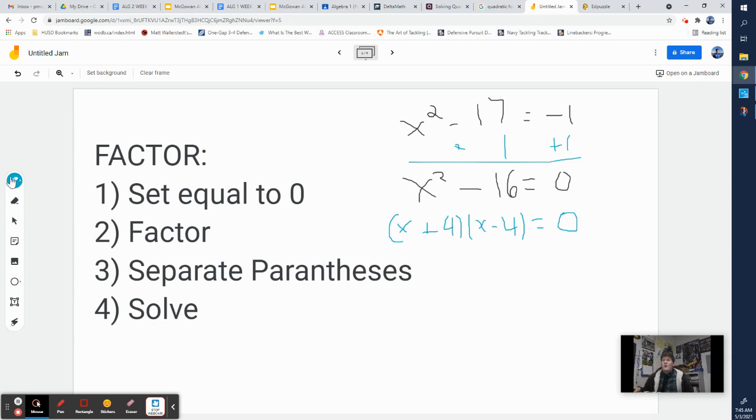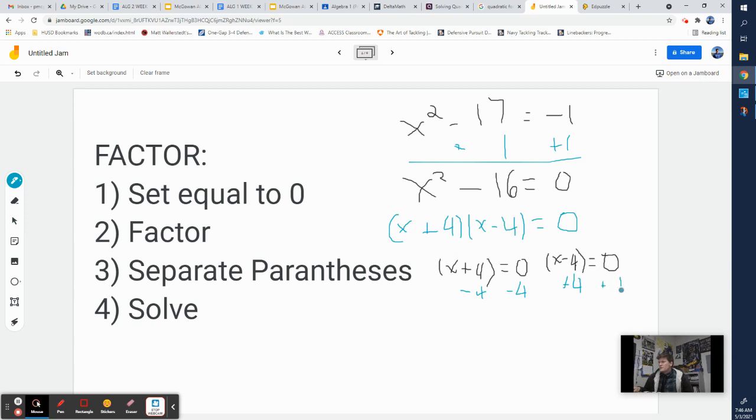There we go. Now I can go to step 3, which is to separate them and set them both equal to 0. So I have x plus 4 equals 0, and x minus 4 equals 0. Now I can solve each one of those, which is the last and final step, by doing those opposites. So instead of plus 4, we're going to minus 4. And instead of minus 4, we're going to add 4.